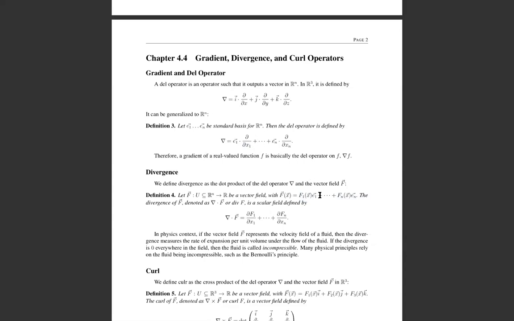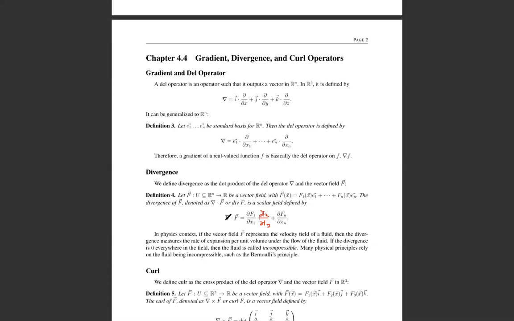Add the second partial applied to the second component function, partial f2 with partial x2, and so on and so forth, and you just add them up.